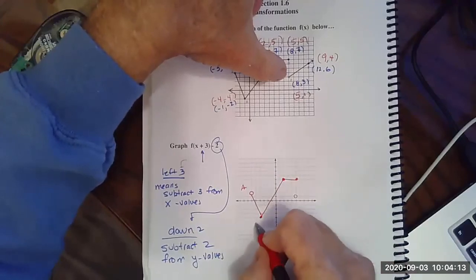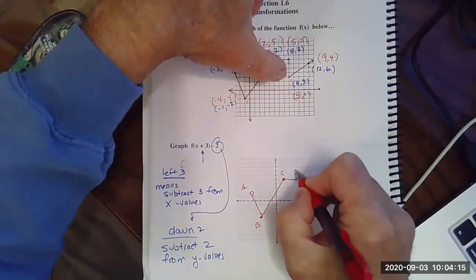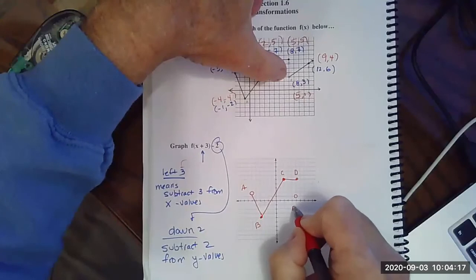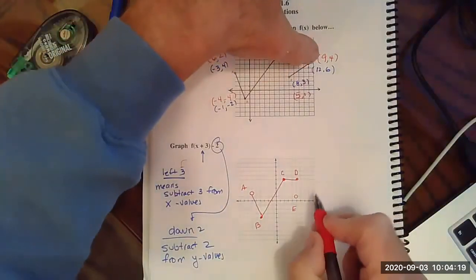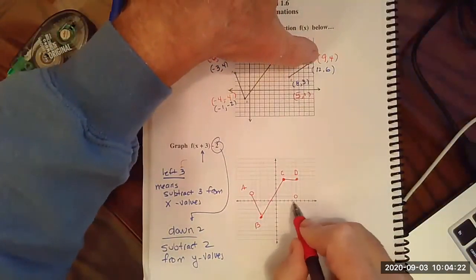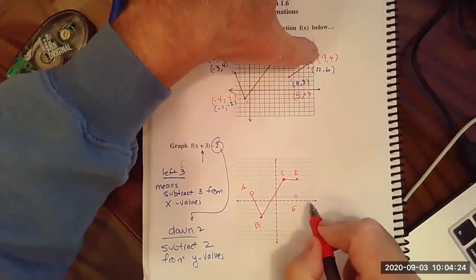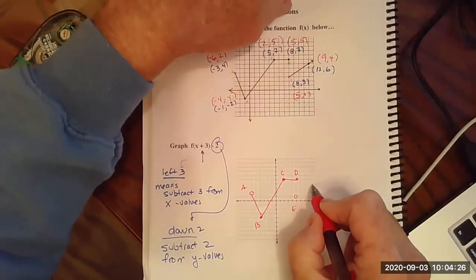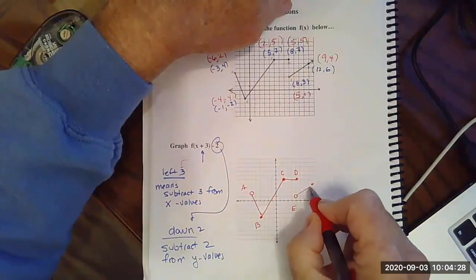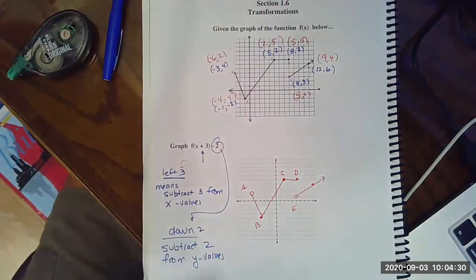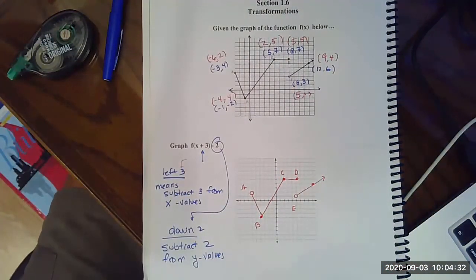So this is B, this is C, this is D, this is E, and then finally 9, 4. So let's see, that's 5, 6, 7, 8, 9, 1, 2, 3, 4. And then so that's how that works.